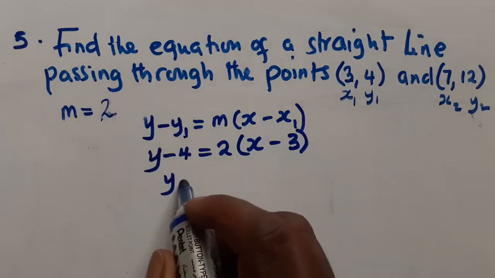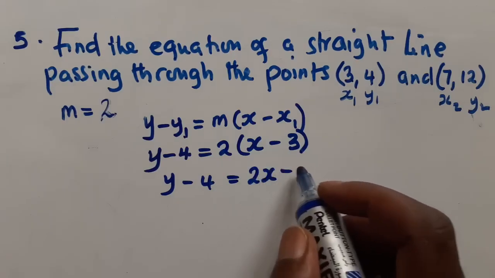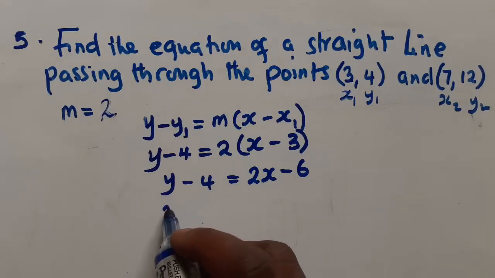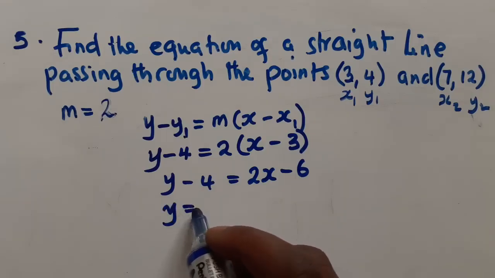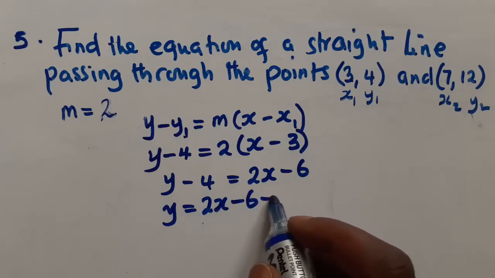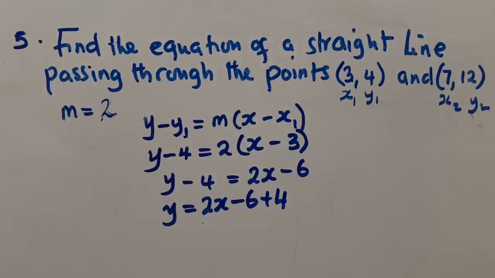And you go on and get rid of the brackets, minus 6. All right. So at this point, we can go on and say y is equals to 2x minus 6 plus 4. This 4, we bring it to the other side. Okay. Then we go on and say y is equals to 2x minus 2. All right. This is what we are going to get as our equation.